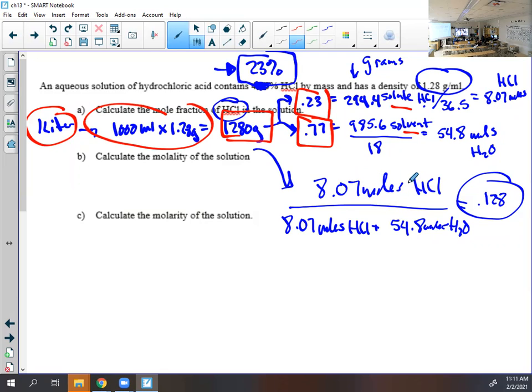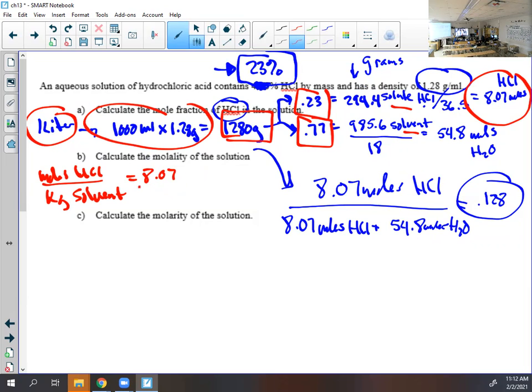Okay, now molality, I guess, is next. Once we have some of these numbers, it's quite a bit easier. The molality is moles of HCl per kilogram of solvent. Well, I have all those numbers already over here. The moles of HCl are right here, 8.07.